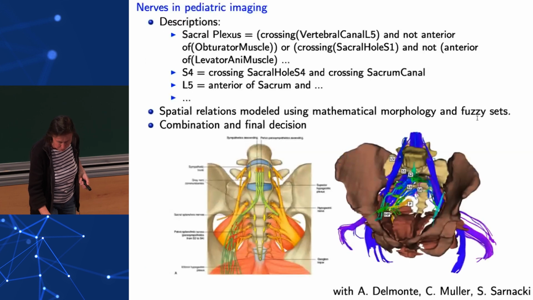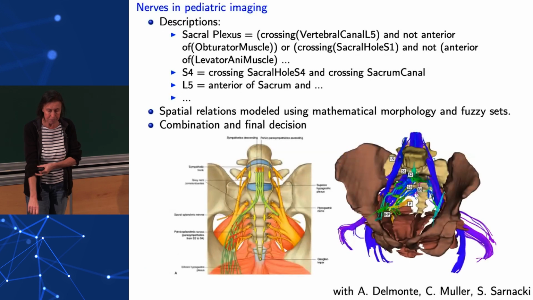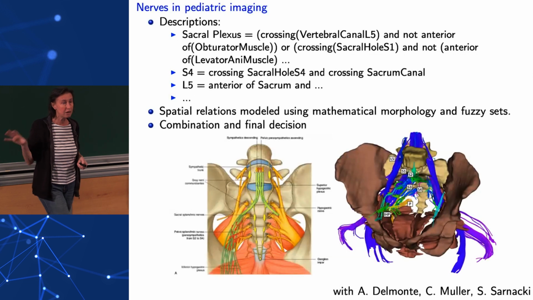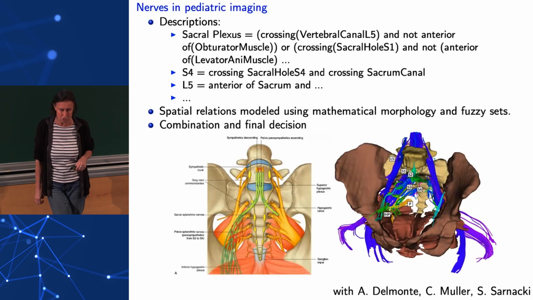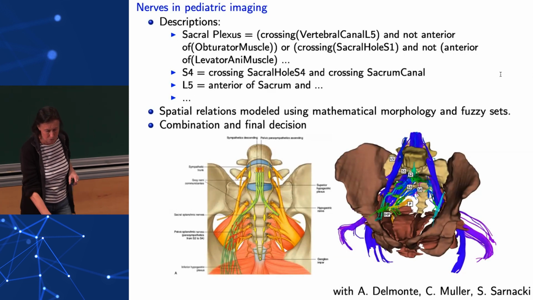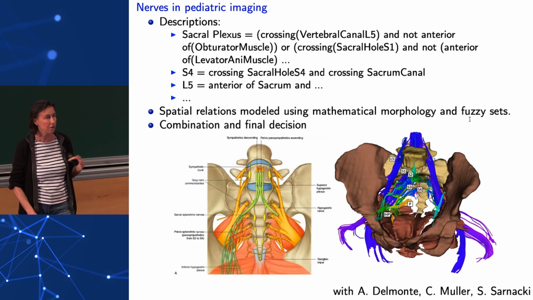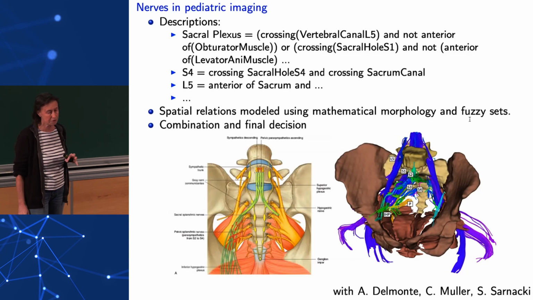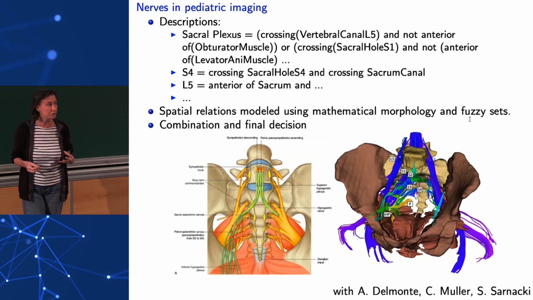So I will show an example for surgery, where we have big projects with Necker Hospital on pediatric patients, of course. And here the question was how to plan a surgery in the pelvis without having impact on the main nerves, which is of course very important for the children.